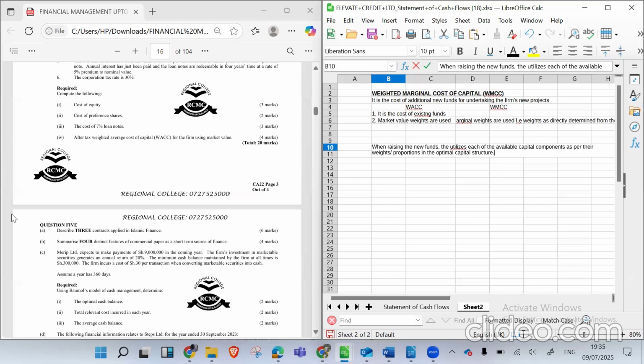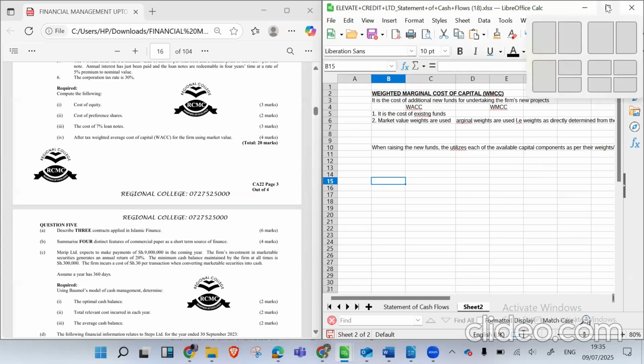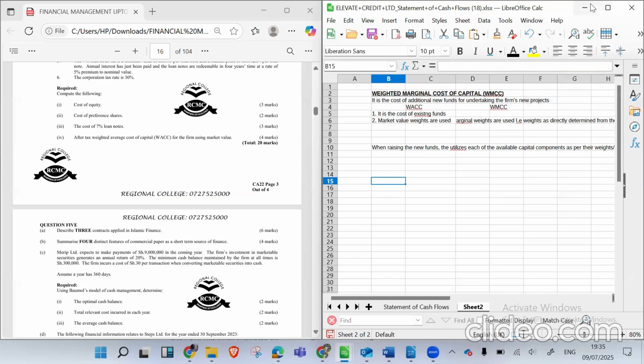So if in my capital structure the weight of equity is 60%, then even the new funds, 60% must be represented by equity. If debt is maybe 20%, the 20% shall be maintained even when raising the new funds. We're going to see it in a question, what I mean by that.